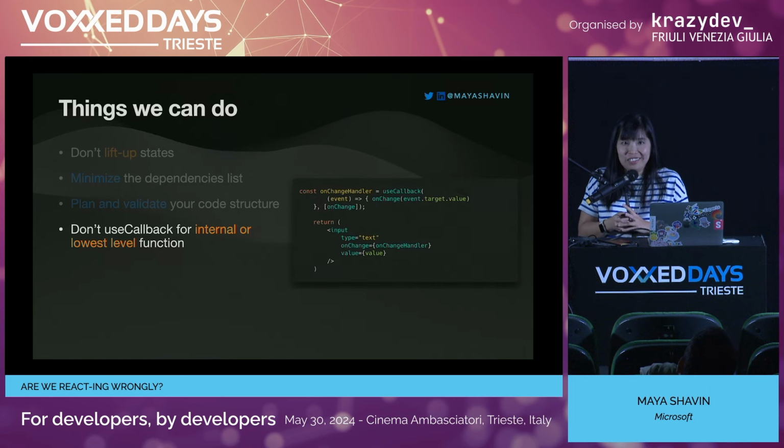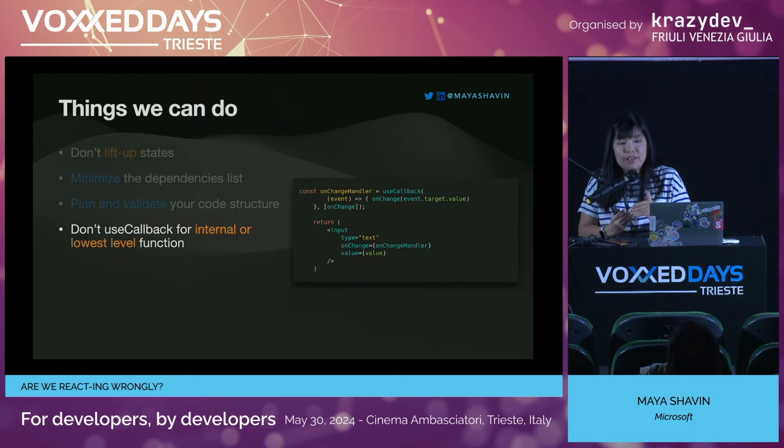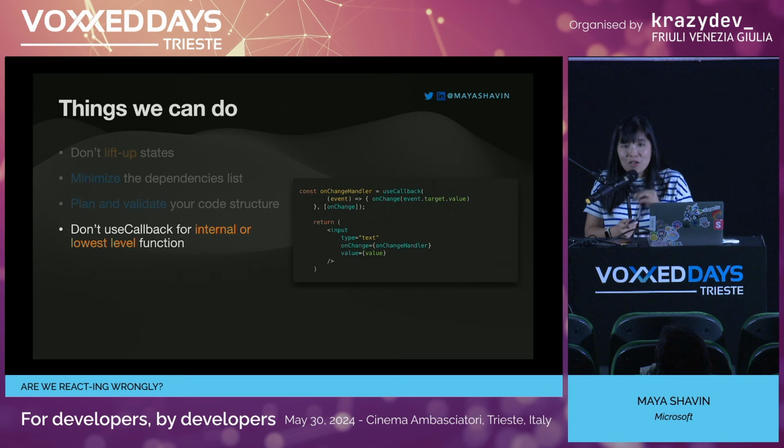What does that mean? If you write a component like a wrapper around an input, at the very lowest level, you write in a component library, and it's used to render a DOM element input, and then you have an onChange function. Don't wrap this onChange handler with useCallback, because it's not needed.